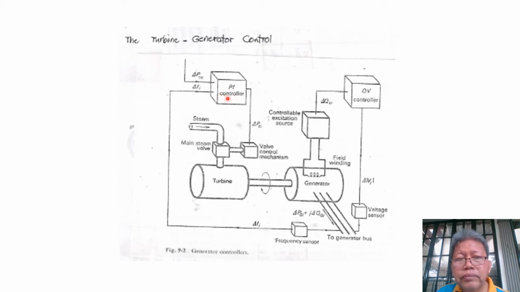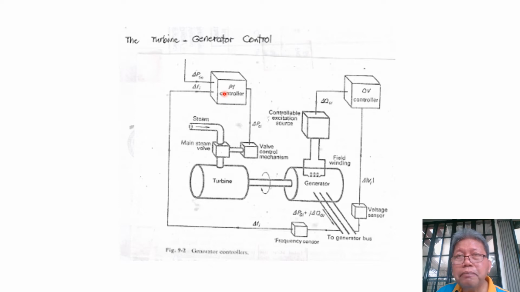Now, in the PF controller, when there is also a value of delta P tie, coming from the rest of the system, to signal or to command this generator to either increase or decrease its generation, then this change in delta P tie will be combined or mixed with this delta Fi inside.